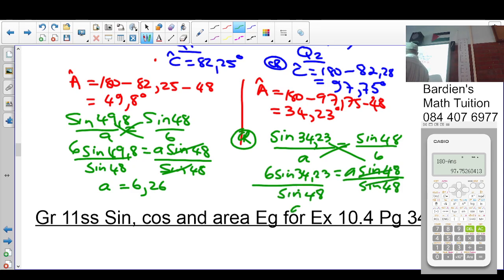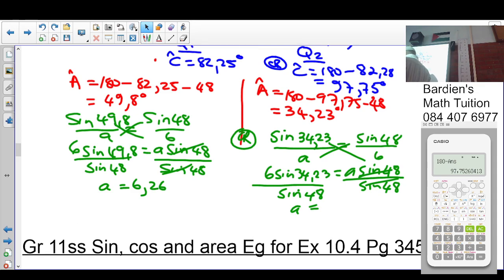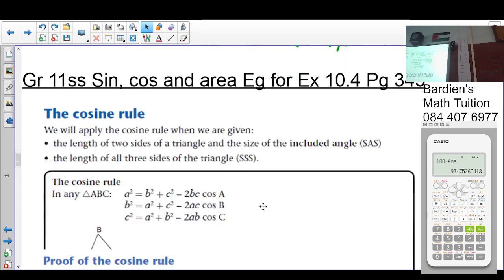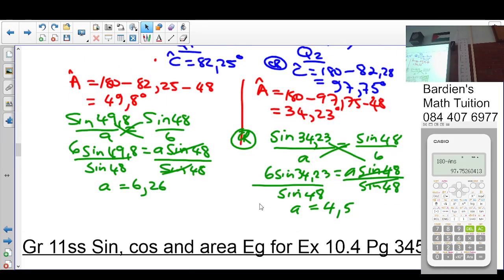It cancels, so a is equal to 4.5 units. Do you understand? With that, you should be able to do the exercise. Then we're going into the cosine rule. At this point I'm going to stop the video.